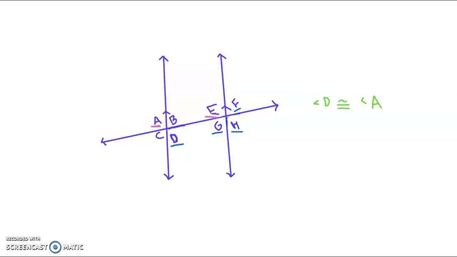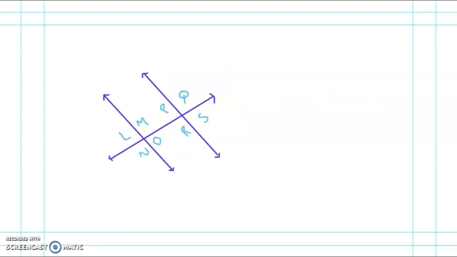Now I'm going to give you another example, and this time we're going to work through finding alternate interior and exterior angles, vertical angles, and corresponding angles. So now, looking at angle L here, angle L and angle S are one example of alternate exterior angles because they are alternating angles located on the exterior region of the parallel lines.